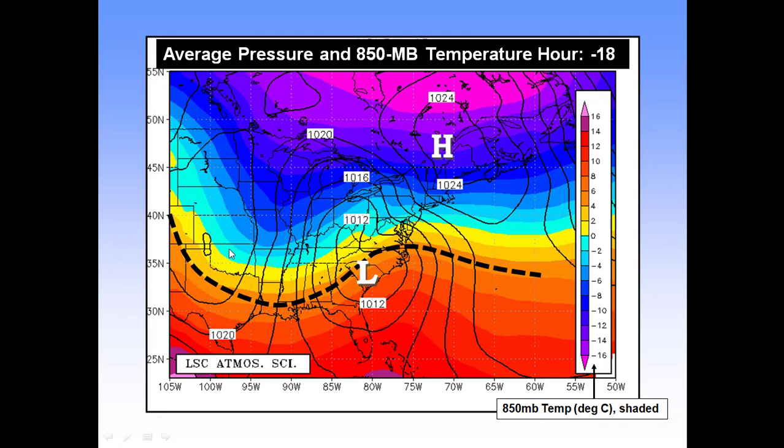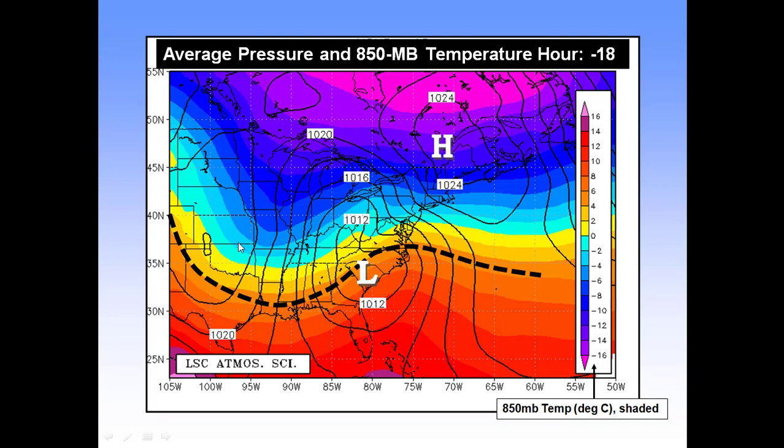So here in this almost turquoise-like color, this would be the boundary between below freezing temperatures at 850 millibars to the north and warm air above freezing or very much above freezing towards the south. So this is that baroclinic instability almost path that these low pressure systems end up taking.